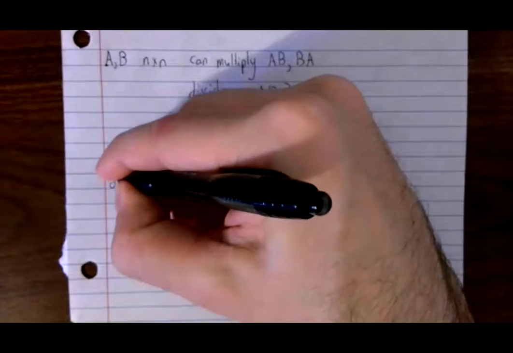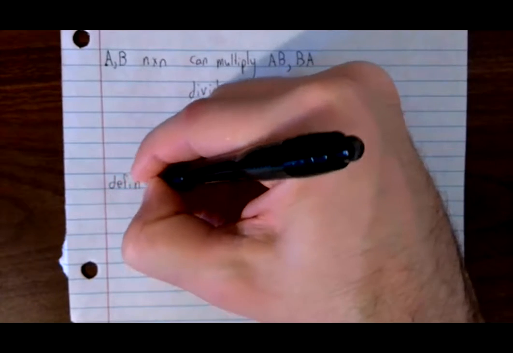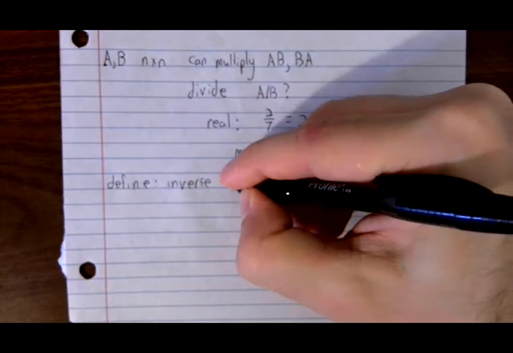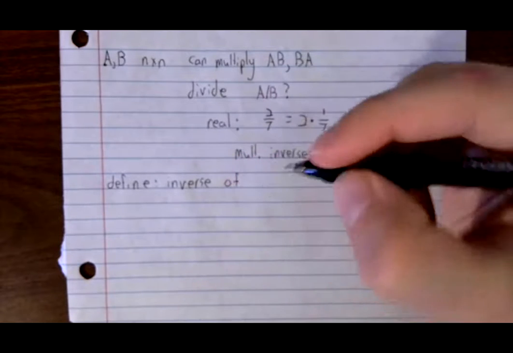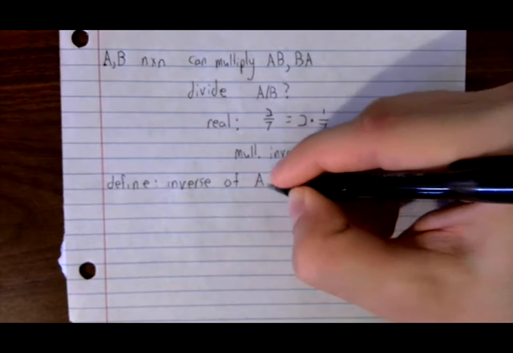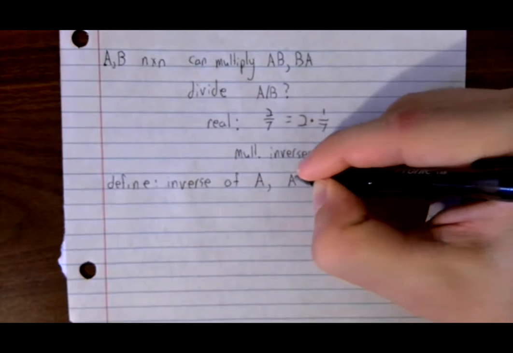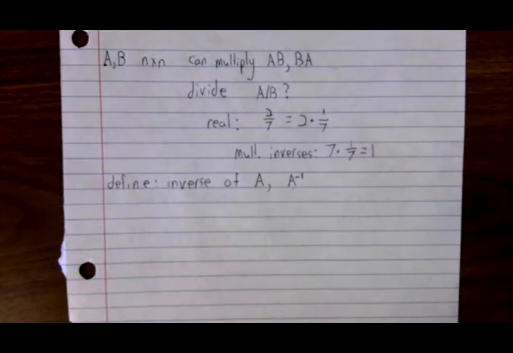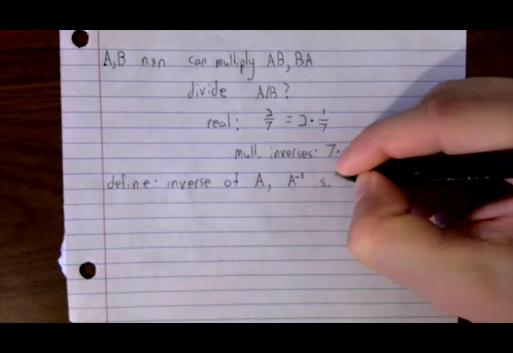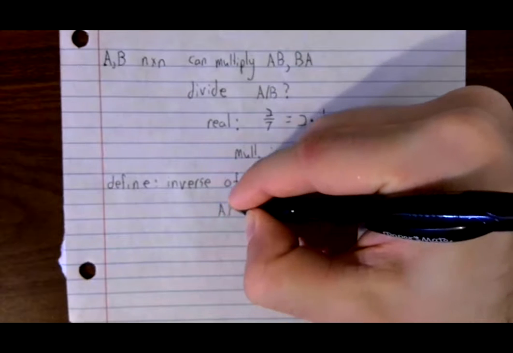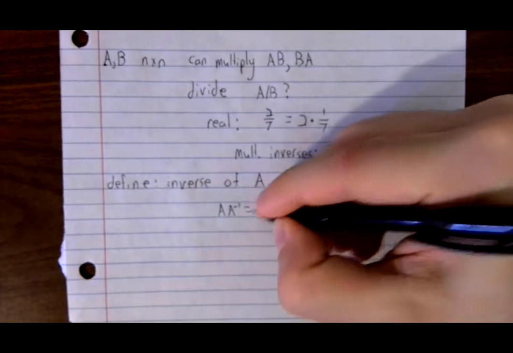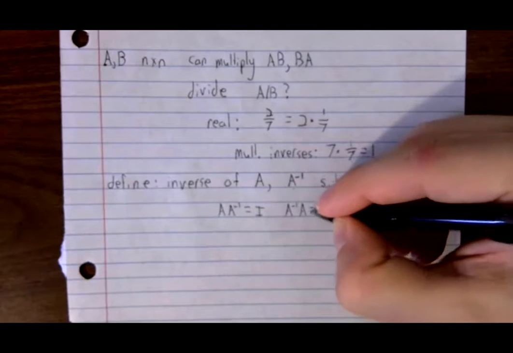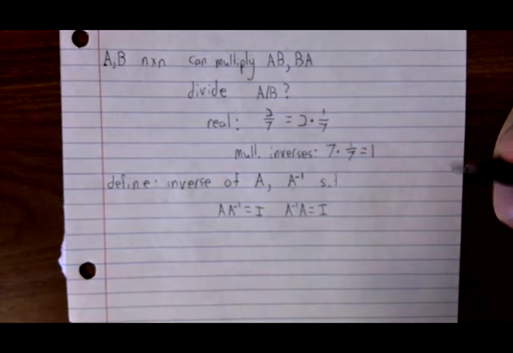So we can define the inverse of a square matrix A. It's the matrix denoted like this, such that their products are the identity matrix.